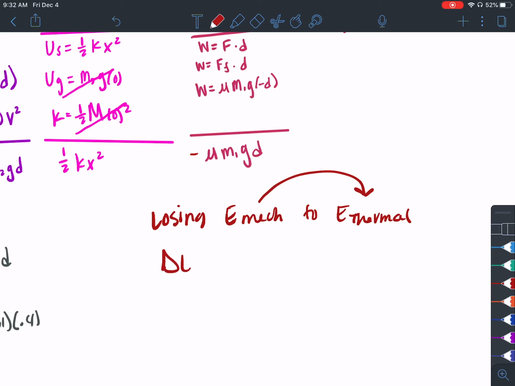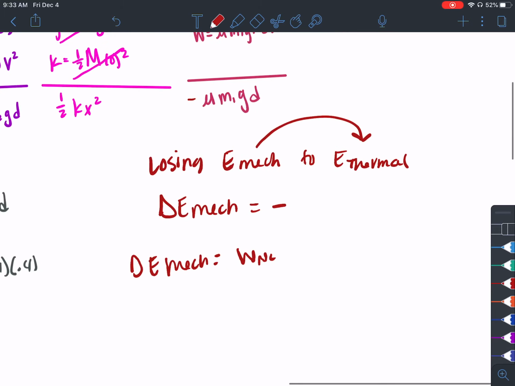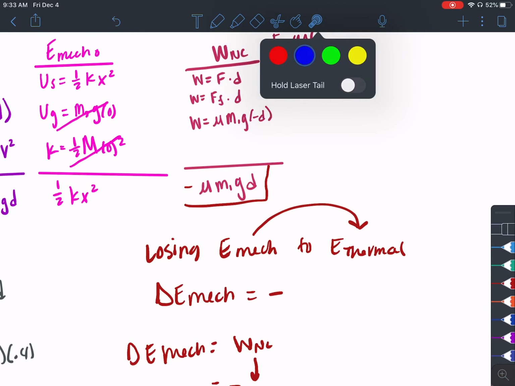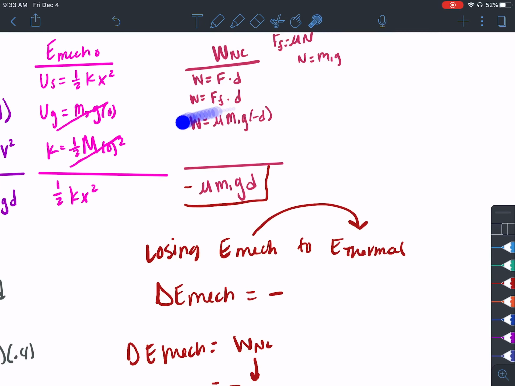So because of that, my change in EMEC had to be a negative number. Therefore, when I did delta EMEC equals work non-conservative, it made sense for this to be a negative quantity. And there we have it. It was negative because it was going in the opposite direction of the movement. The non-conservative force was opposing the movement, and that is why it was a negative quantity.